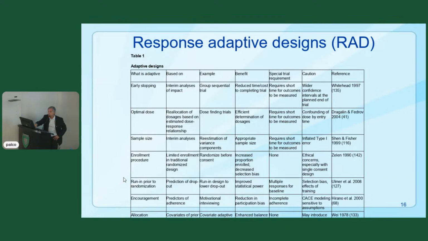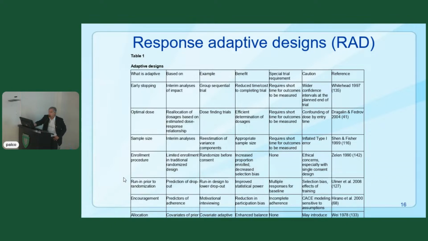Optimal dose: reallocation of doses based on estimated dose-response relationship. So dose finding trials. You do that when you're doing dose finding. You don't know the right dose of that thing. You don't know if it's 10 times a day monitoring glucose or 3 times a day. The recommendation is at least 3 times, but between 3 and 20 there's a lot, right? So what is the right dose?